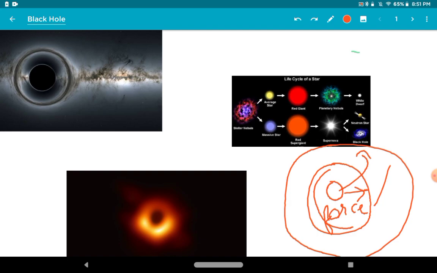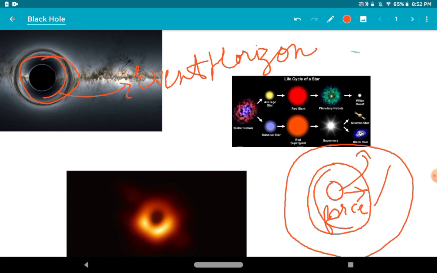So if you see this portion here, this portion is known as the event horizon. Anything floating in this event horizon can go into this point, but it can also not go into this point.